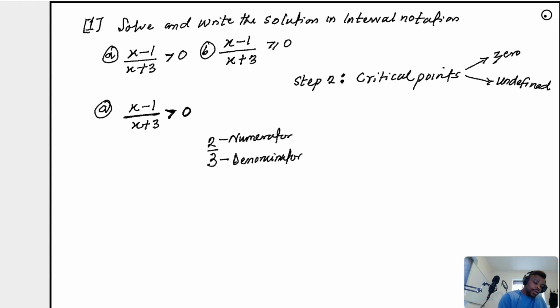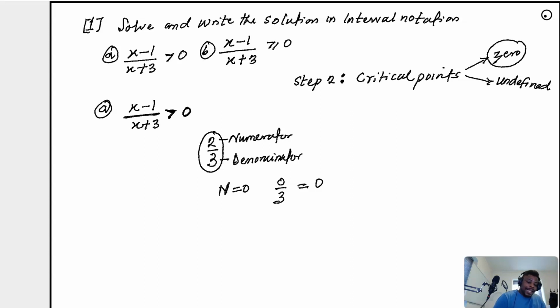So, what can make this expression equal to 0? If the numerator is equal to 0, the expression will be 0. How? If I say 0 over 3, 0 over 3 is 0, you can see. So what can make the expression equal to 0 is when the numerator is equal to 0.